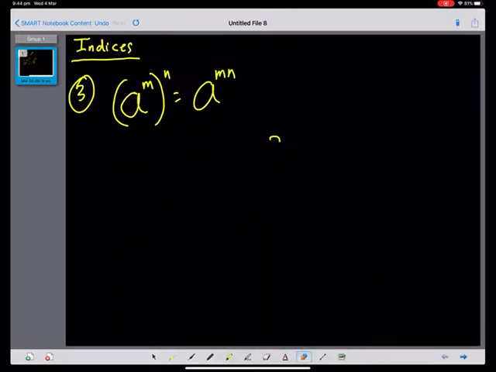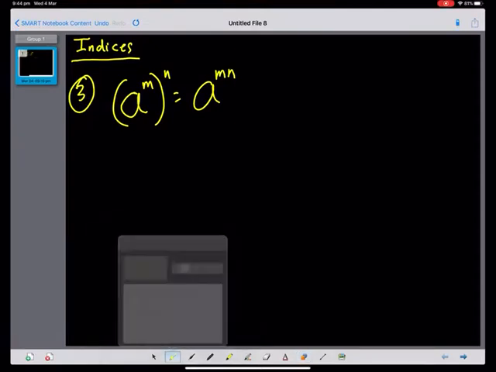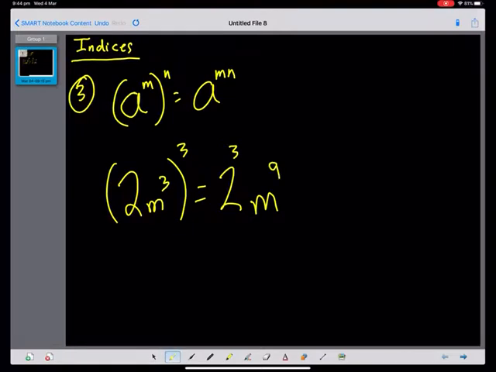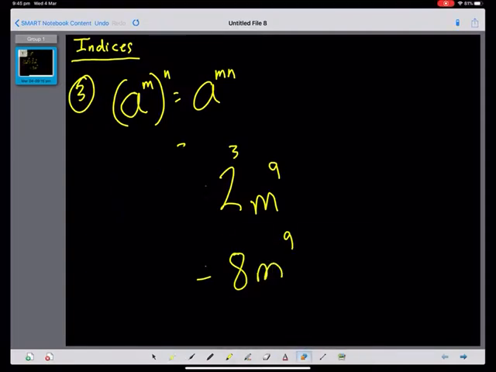Let's have a look at doing 2m to the 3 cubed. Now, that is the same as doing 2 cubed m to the 9. 2 cubed is 8, because 2 times 2 times 2 is 8. M to the 9. Let's look at one more example.